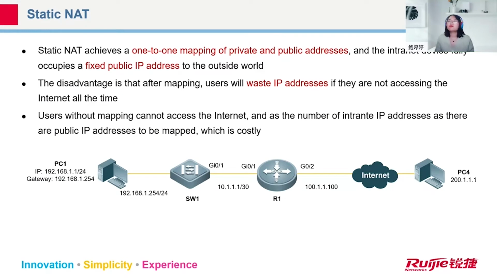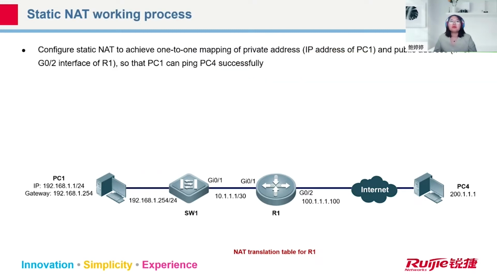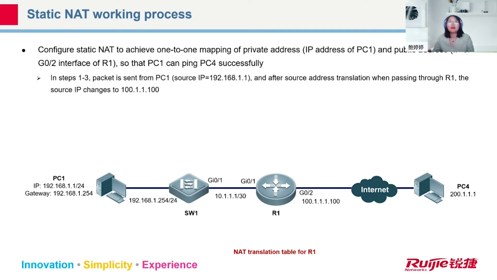The static NAT will achieve one-to-one mapping of a private address to a public address. So this can solve the problem when PC1 wants to visit internet resources like PC4 in the topology, but this is a fixed public IP address. If PC1 wants to visit PC4, let's say the process is steps 1, 2, 3.